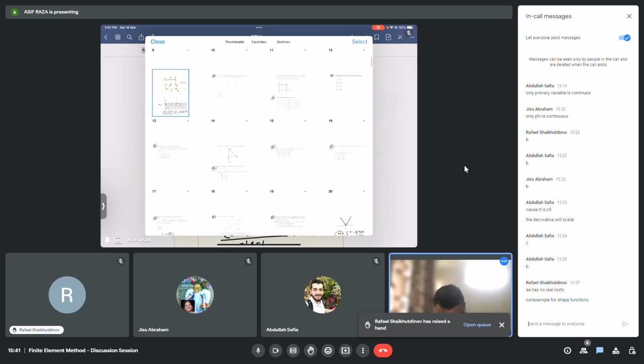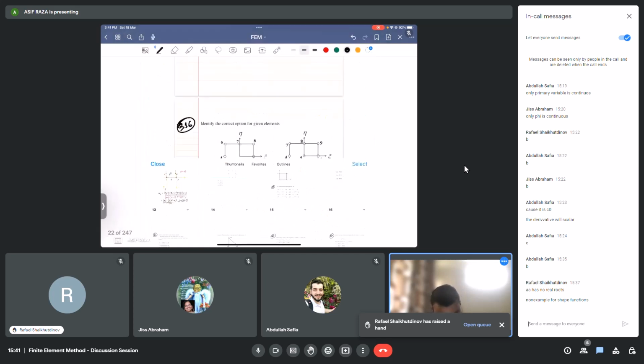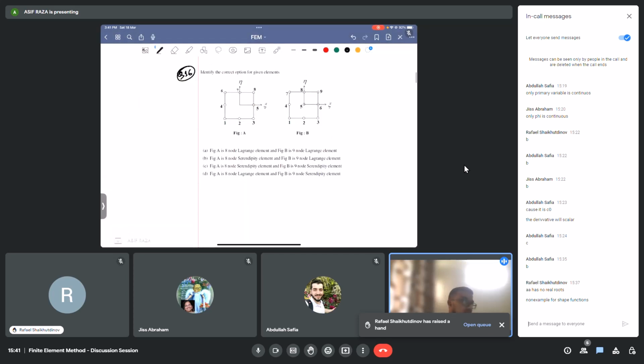Let's do the similar thing. This was in your assignment: identify the correct option for given elements. Figure A has 8 nodes, figure B has 9 nodes.